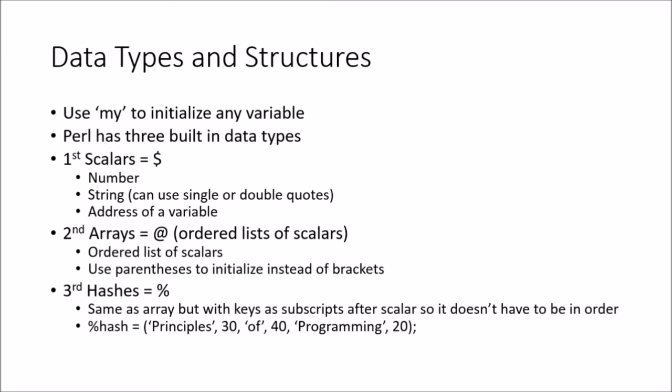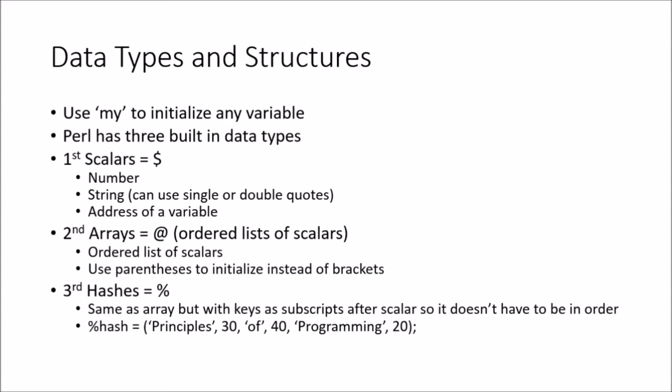Data types and structures. When you initialize any variable, you want to start it with my. Pretty simple. Perl has three built-in data types. First are scalars, which you denote with a $ sign symbol. They can be numbers, strings, and can use single or double quotes.